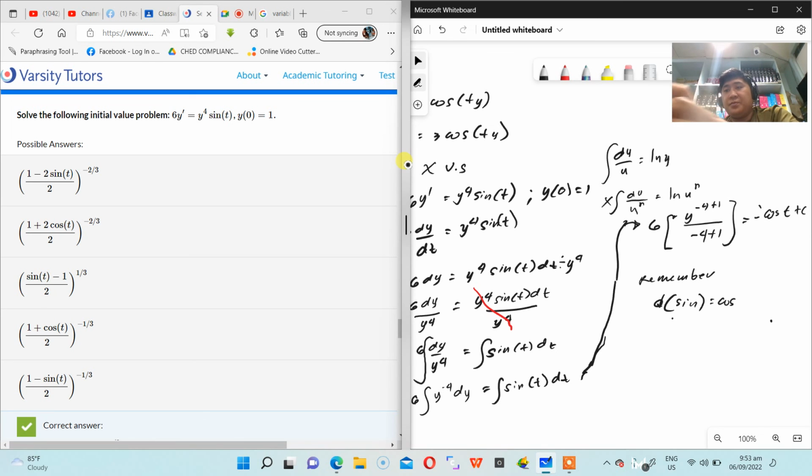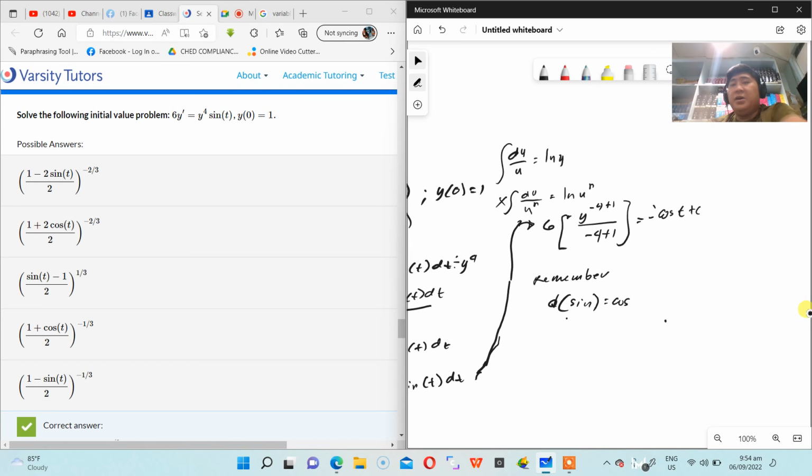We know that integral is the opposite of differential and vice versa. Therefore, if you integrate sine, that is negative cosine. The derivative of cosine is negative sine, therefore the integral of negative sine is cosine. That is the opposite.